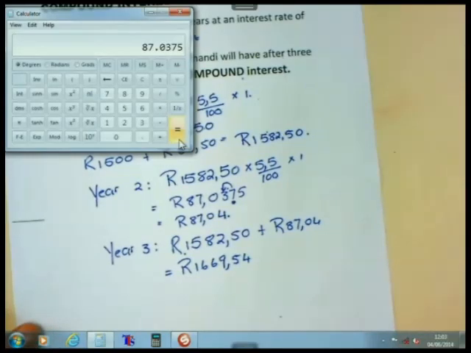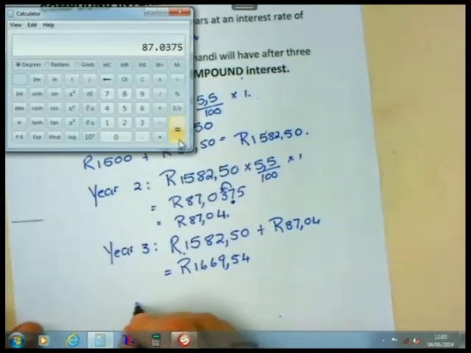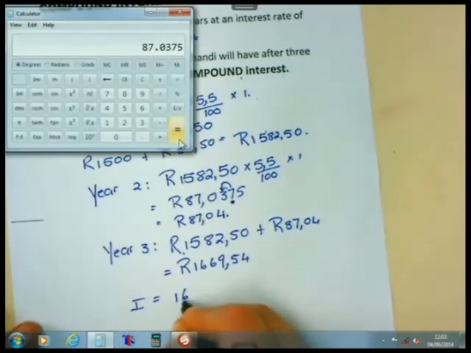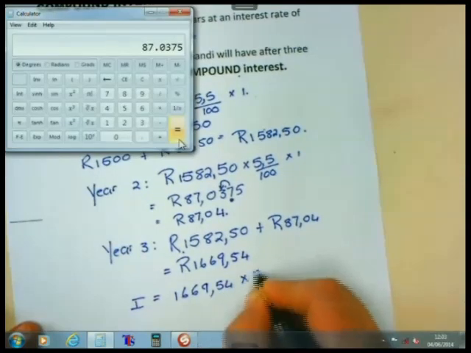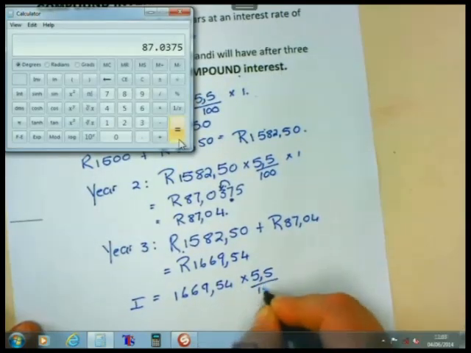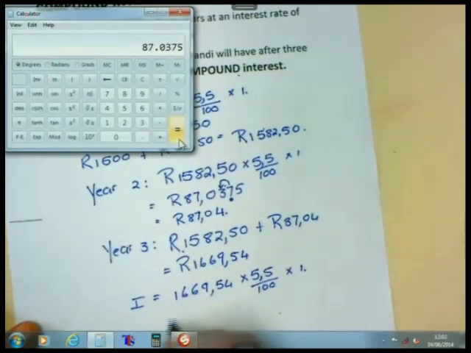What is then the interest that I will be earning on this 1,669.54 in year 3? The interest will be 1,669 rand 54 cents times 5.5 over 100 multiplied by 1 again.